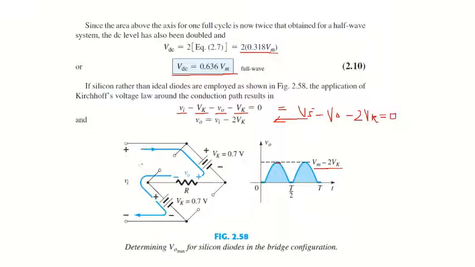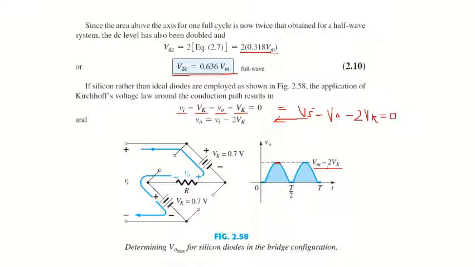So for the positive half cycle, first drop will be here and Vk is equal to 0.7 volt, whereas the second drop is here. Vk is equal to 0.7 volt for the positive half cycle. So total drop will be 0.7 plus 0.7, and Vm, the rise in potential, minus 1.4 is the output voltage V0. This is the maximum value, which is Vm.